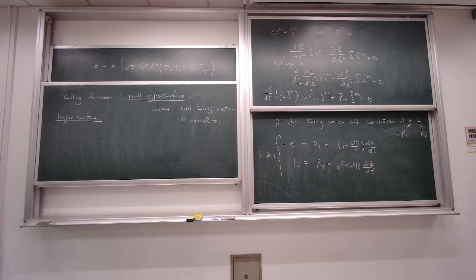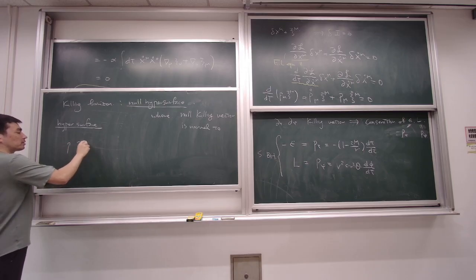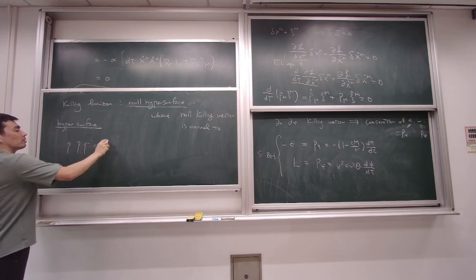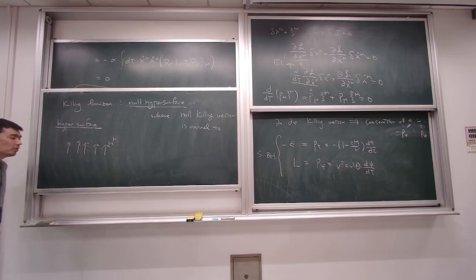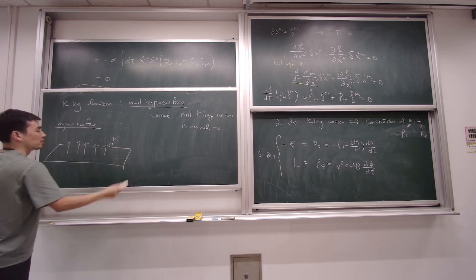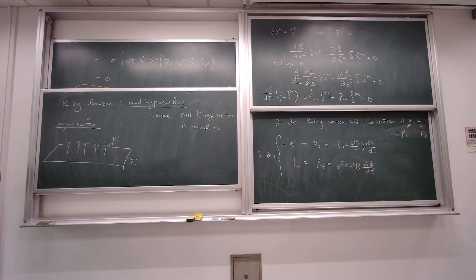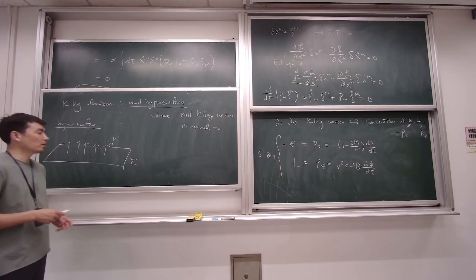If you have a vector field, something like n mu, we just define the normal surface, I call it sigma. A hypersurface can be defined given a vector field. You just define the surface which is normal to this vector field.